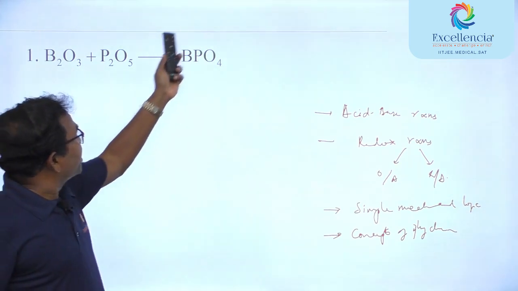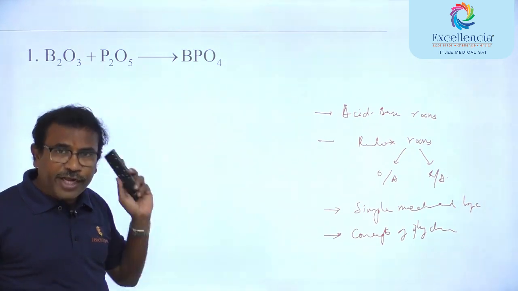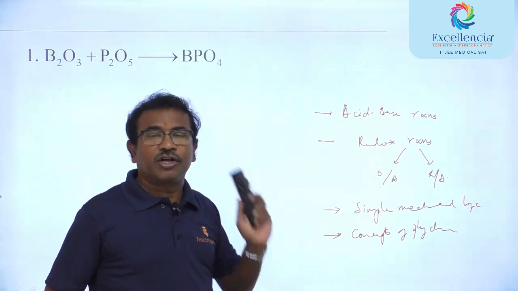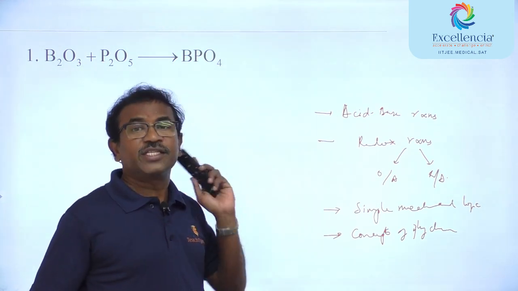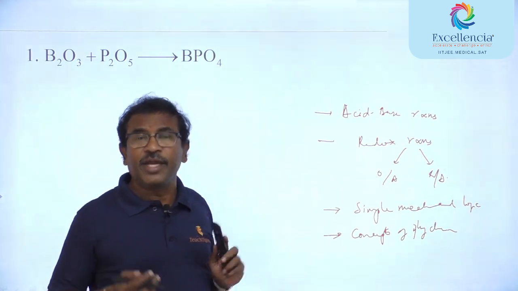Generally, to guess the products, to understand the reactions, what all do we need to know? We need to first understand the nature of the reactants. When I say nature of the reactants, what does that mean?